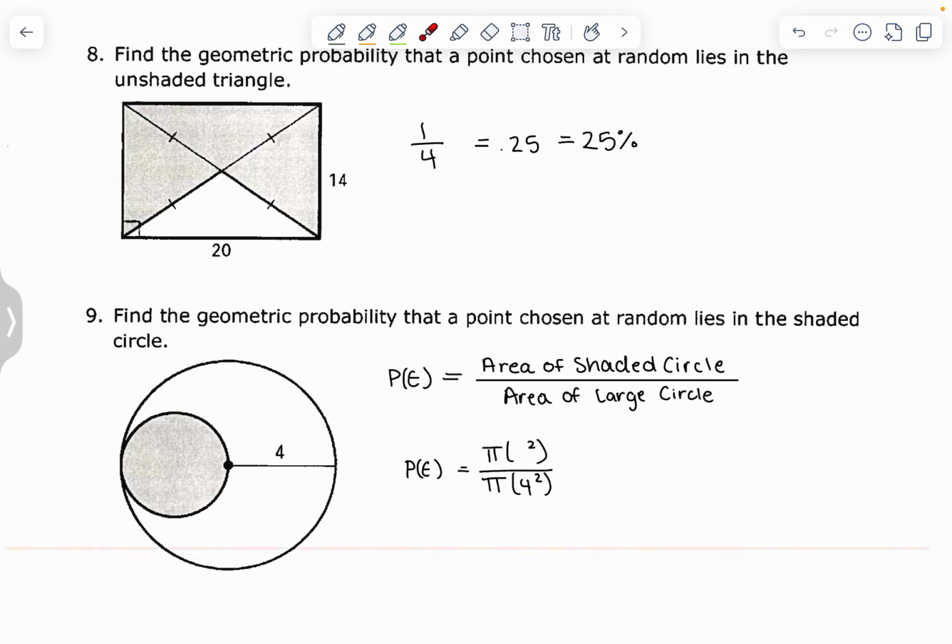But what is the radius of the small circle? Hopefully you wrote down 2. And so 2 squared is 4 pi, and 4 squared is 16 pi. And so this is just 1/4, which is 0.25, or a 25% chance of landing in the shaded circle.